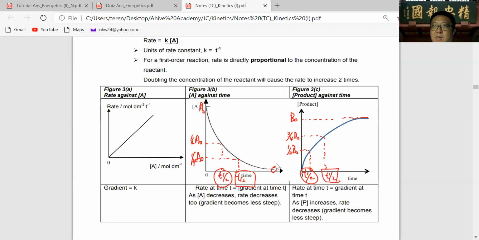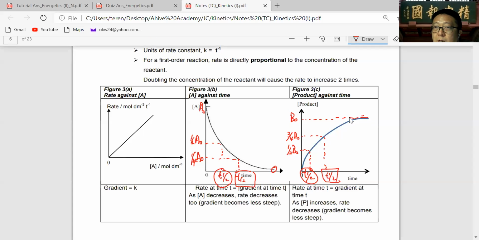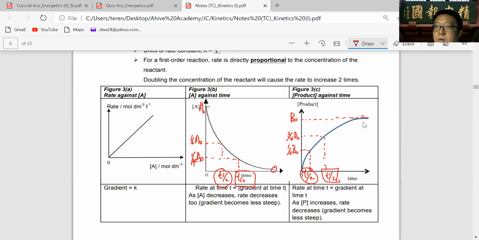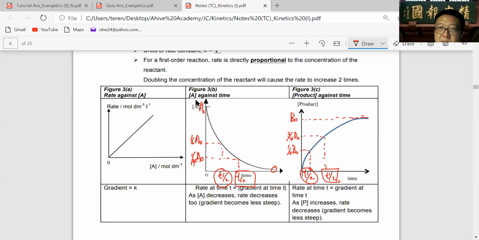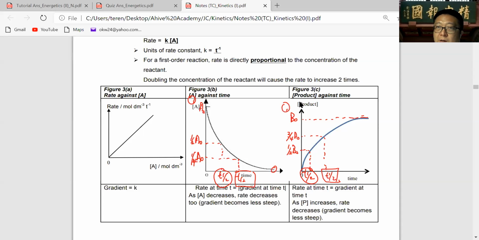You must understand, it's just like a seesaw. One end must go down, the other end must go up. So when all the reactant has reacted, the final amount of product is B0. Can you see B0 here? This is the total amount of product that can be formed. You must get this first, okay? So this one and this one coincide.